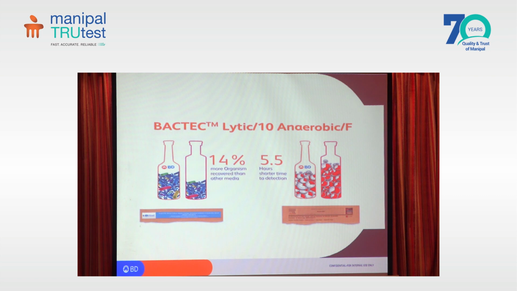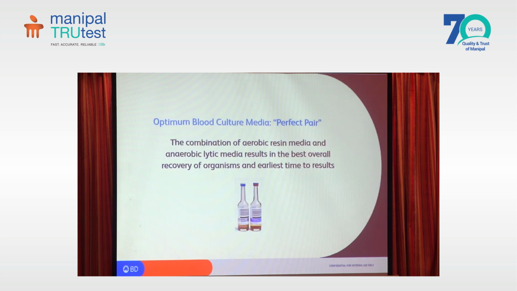So here we can see that with the use of Lytic Anaerobic media, the recovery is 14% more and faster, with 5.5 hours faster time to detection as compared to the standard anaerobic media. And the ideal recommendation for blood culture media is the perfect pair.